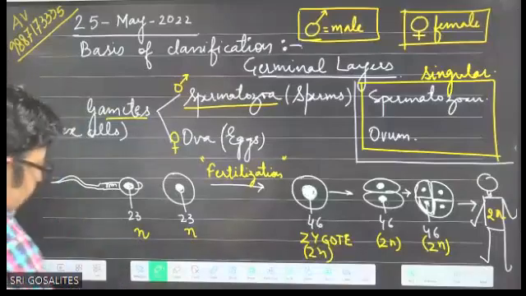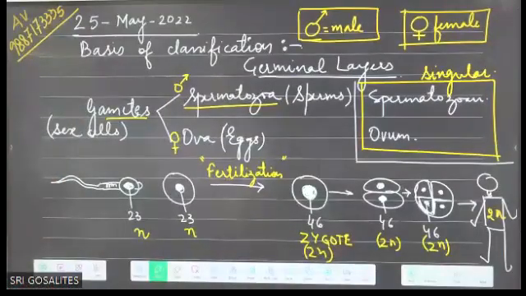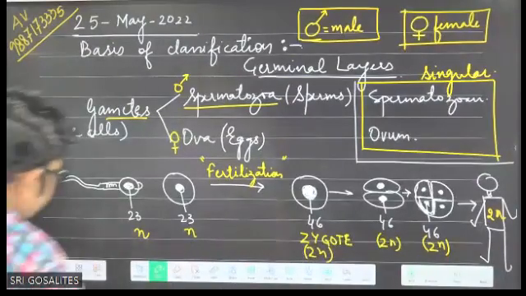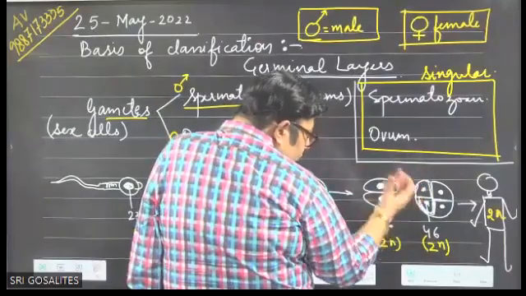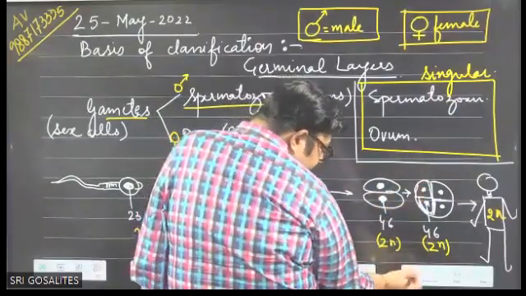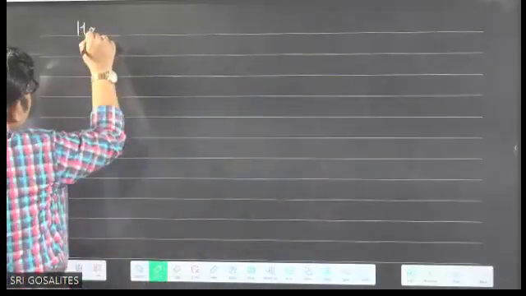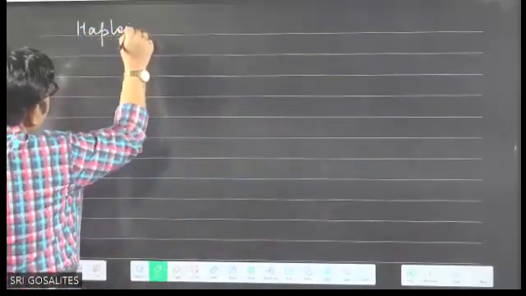If n is haploid, single, one, then 2n can be called diploid, di means two. So haploid can be represented as n, and diploid can be represented as 2n, because 2 units are there.